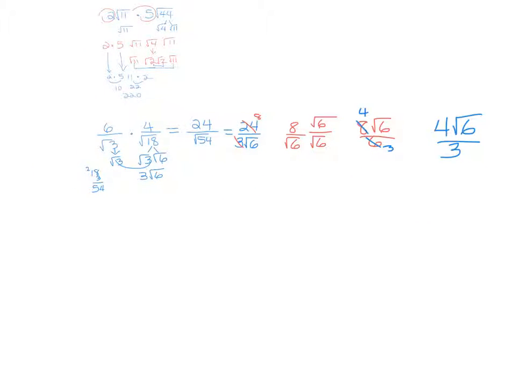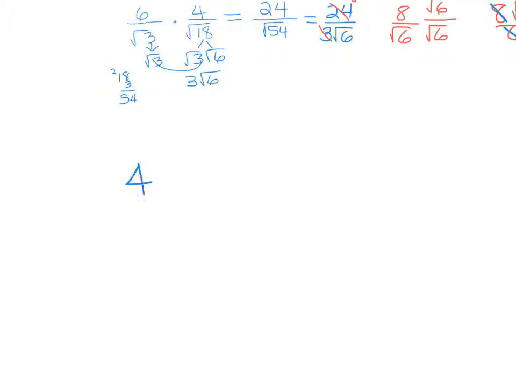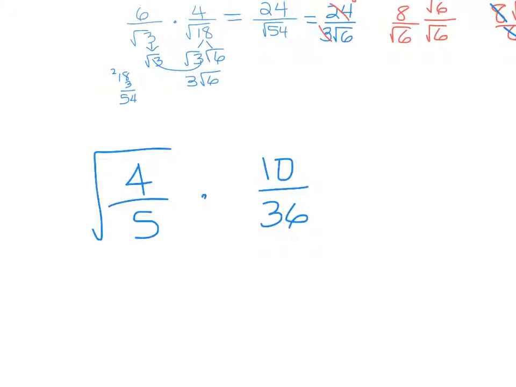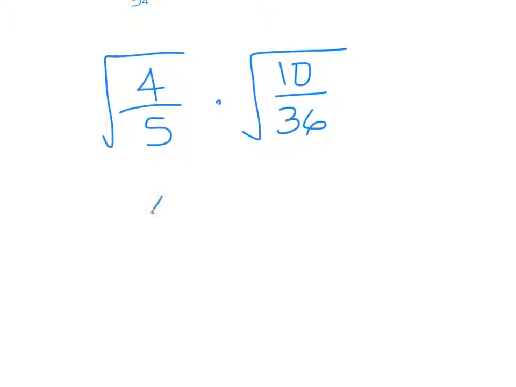Also be able to do one where the whole fraction is underneath the radical. So for example, let's do this one, 4 over 5 times 10 over 36. So here what we can do is merge everything underneath one radical symbol.